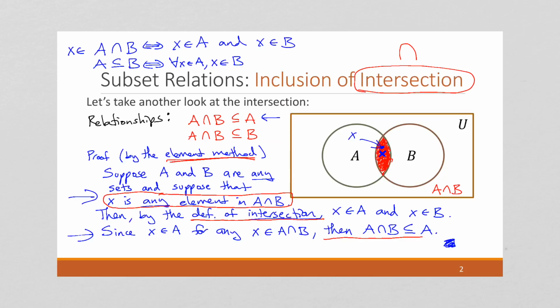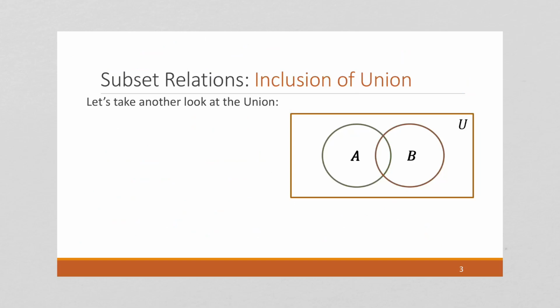Now let's talk about the inclusion of union. So again, if we recall, A union B is going to be all of this.